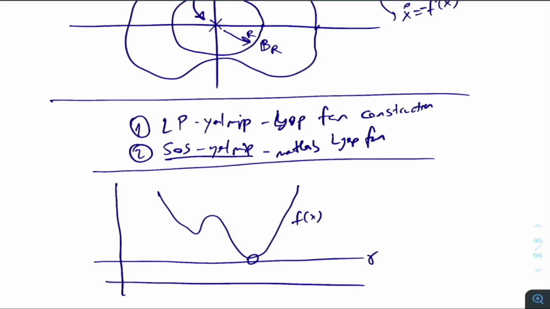I'm just going to spoil it for you because that will be in the next videos. The problem will be to maximize gamma, making gamma bigger every time, such that f of x minus gamma is SOS.